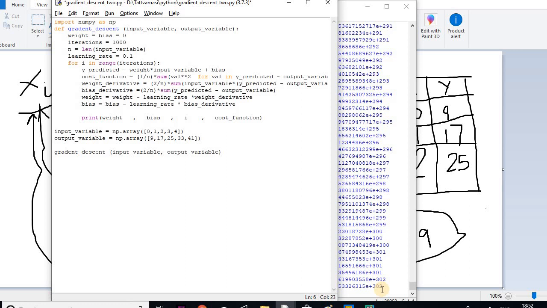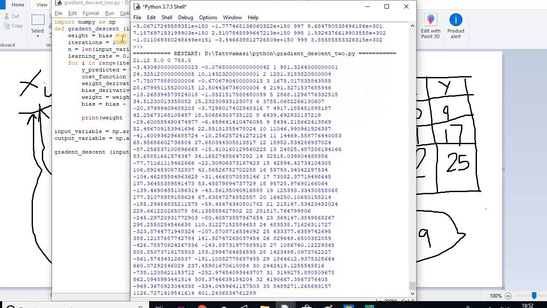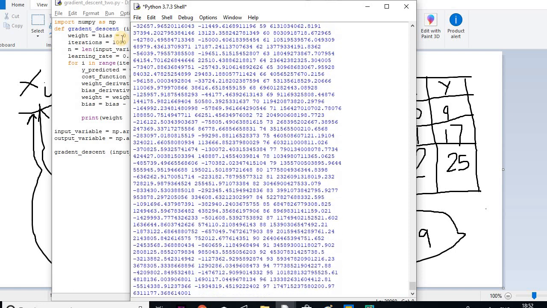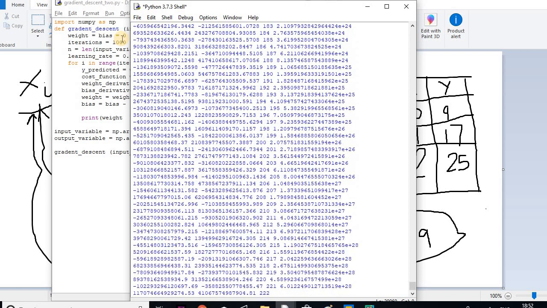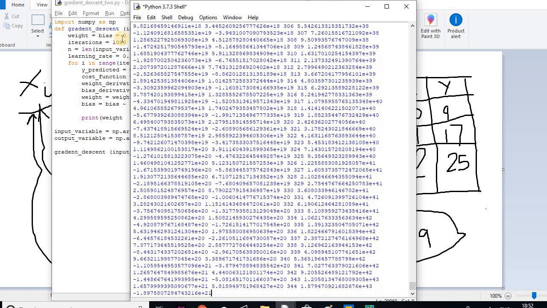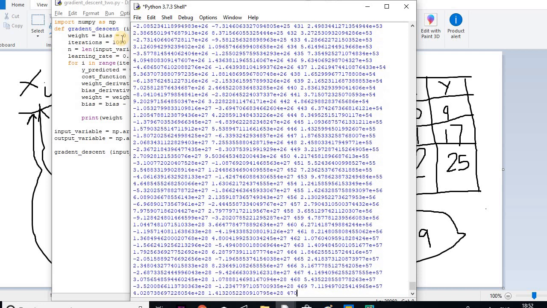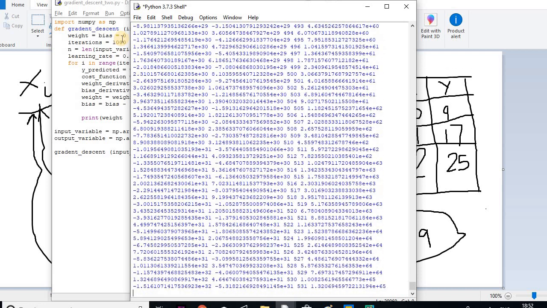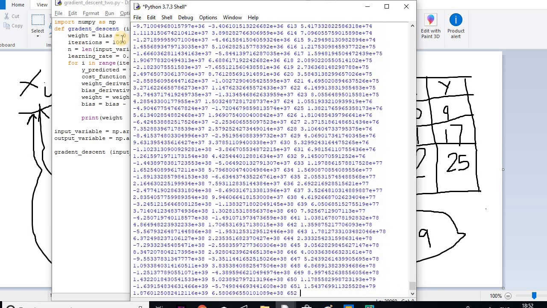Let me give 0.16 and see the output. Again we will check the cost function. Our aim is to minimize the cost function, it should decrease. Our model should be in such a way that the cost function decreases. That's what we need to do. Let me see how the cost function is decreasing or increasing here. I believe it's again increasing.